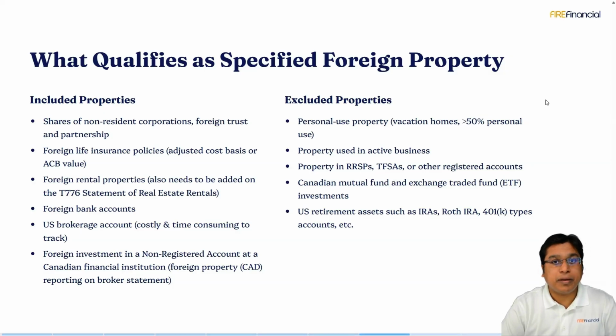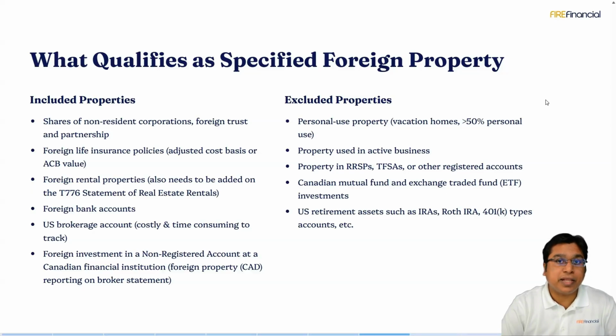Also, if you are an American living in Canada, you do not have to report your retirement assets such as IRA, Roth IRA, or 401 types of plan like 401k or 403b or maybe 457 plan. So these are excluded because when you have a balance in those accounts, the IRS already knows this information. CRA and IRS always share information back and forth.